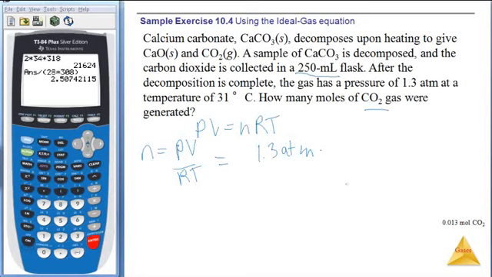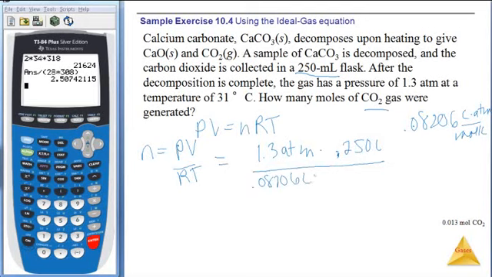Now I need that in liters in order to use my R of 0.08206, because that is liters atmospheres over moles K. So this is 0.250 liters over my R, 0.08206 liters atmospheres over moles K, times my T. My T is 31 Celsius, and if I add 273, I get 304 K. My K cancels, my atmospheres and liters cancel, and I end up with units of moles.